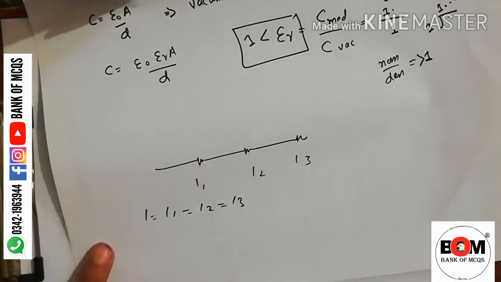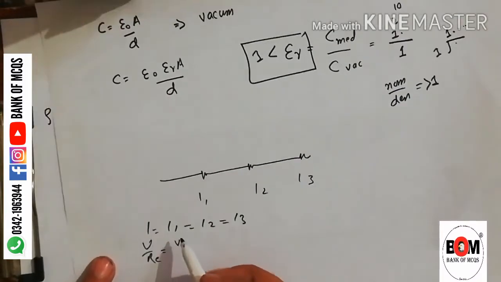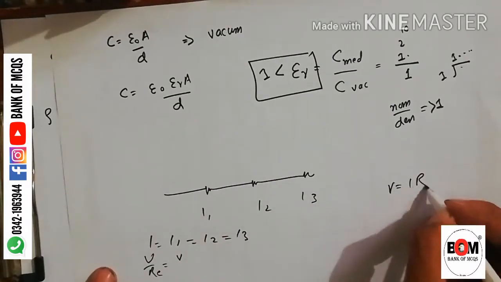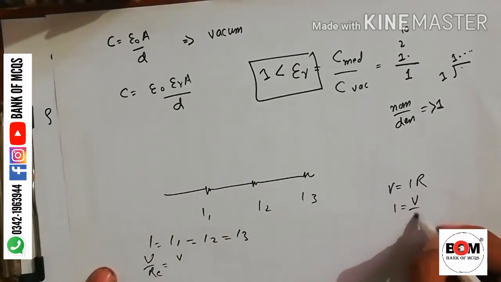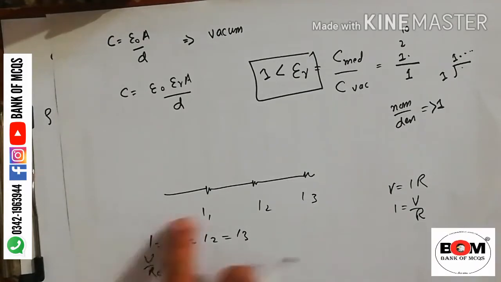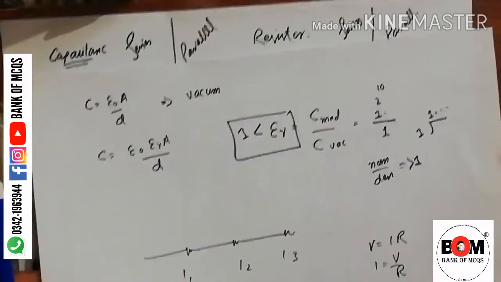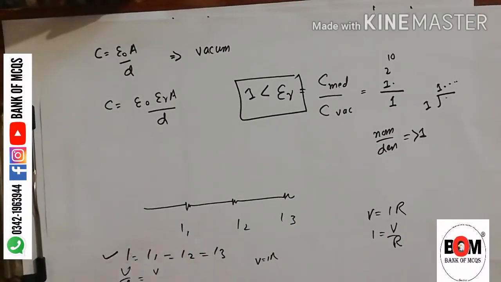Now we know that I is equal to V divided by R, or V is equal to IR. In this case I is the same, so this is for current.